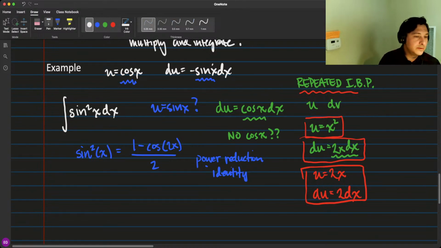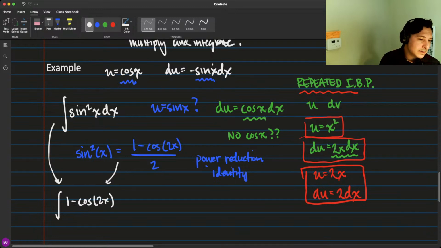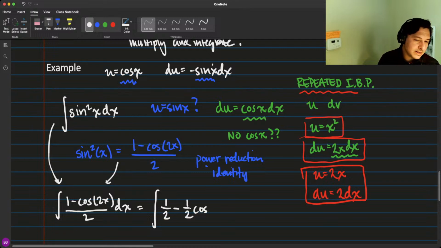So using this, you can rewrite the integral as 1 minus cosine 2x over 2, which then we can break up into two fractions. You'll get the integral of 1/2 minus the integral of 1/2 cosine 2x.